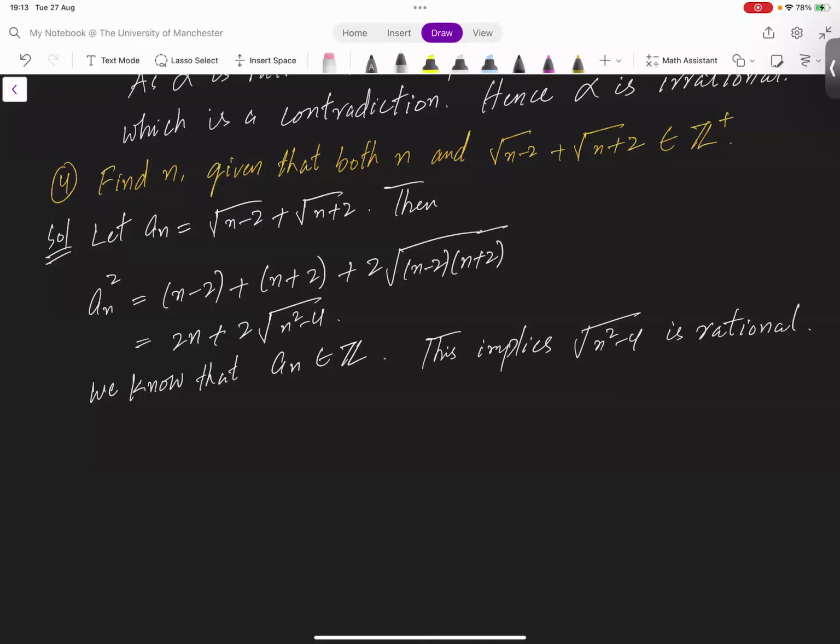This means that n square minus 4 must be a perfect square.